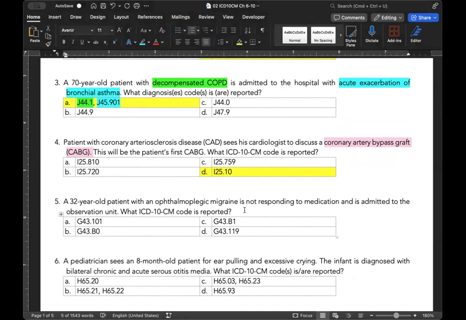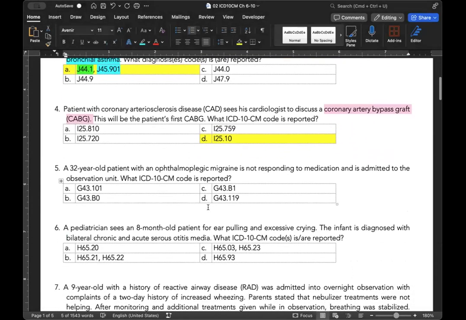Okay. So let's go on to number 5. We have a 32-year-old patient with an ophthalmoplegic migraine, and they are not responding to medication, and they're admitted to the observation unit. So what's our main term for this one? Yep, we're going to go to migraine.